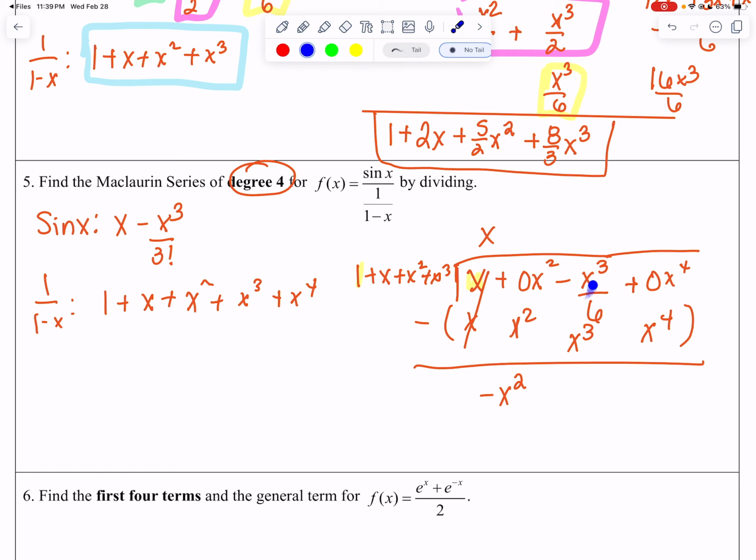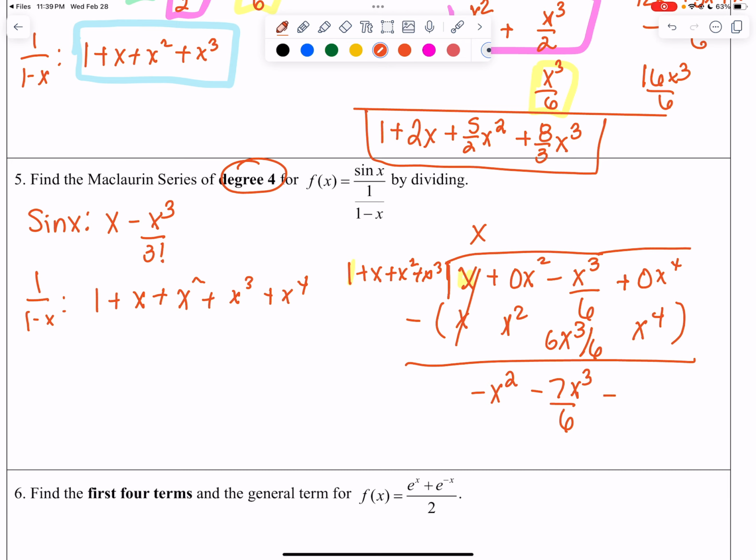And this right here, negative x to the third over 6 minus x to the third. This right here would be 6x to the third over 6. And if I am subtracting that, I am going to get negative 7x to the third over 6.